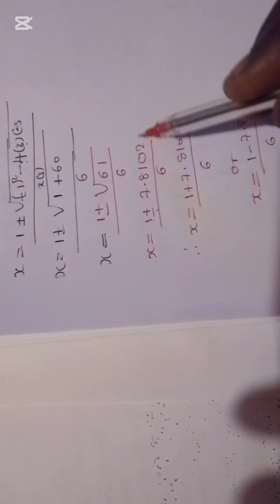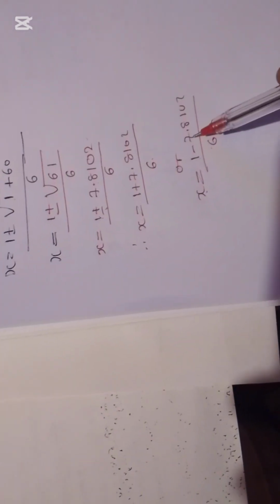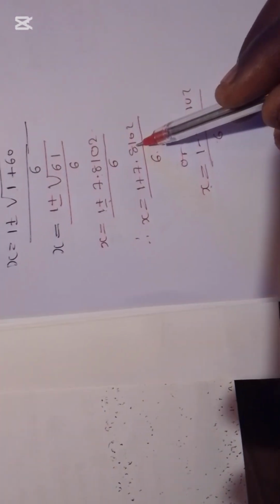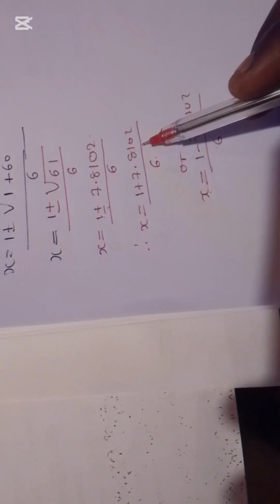What I did here is 1 plus 7.8102 divided by 6, and at the bottom, x equals 1 minus 7.8102. When I say this plus that, you have to add first, and after you add, that's when you divide.